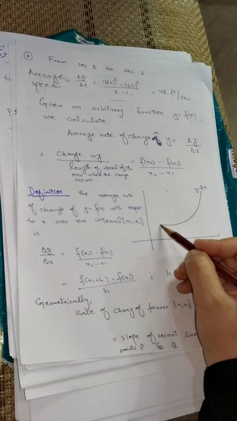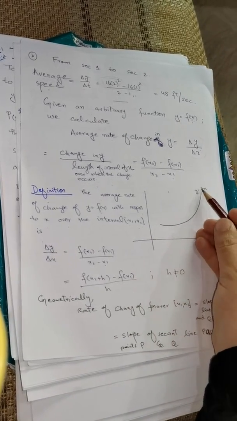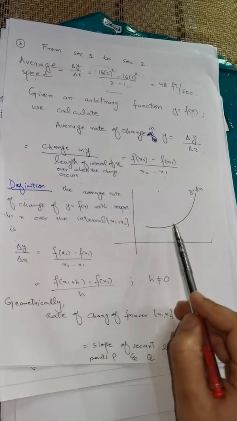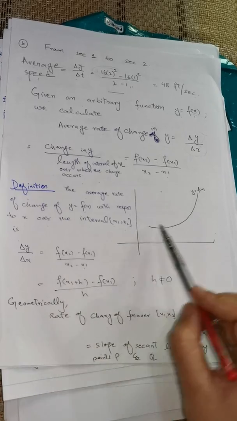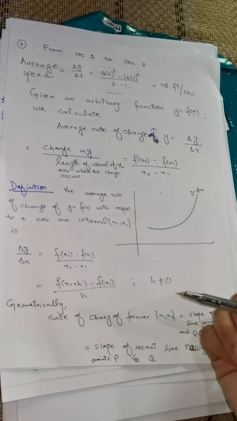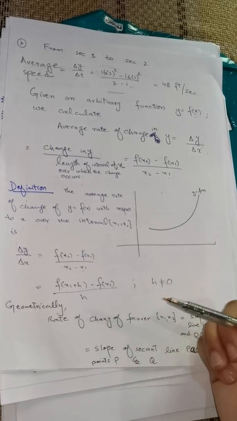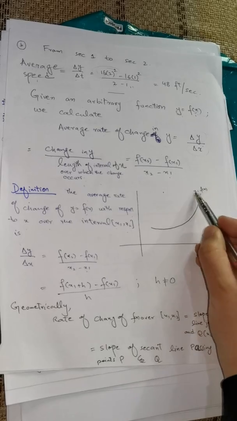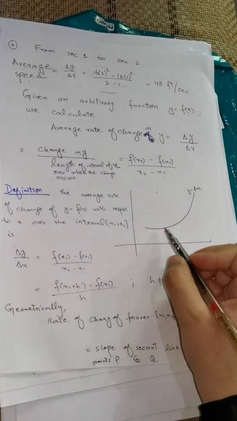Geometrically, consider any curve. This one is a curve y is equal to f of x. The same concept we are going to relate with the graphical point of view. As in calculus, we have to calculate each and everything with respect to the graphical point of view. So this one is any arbitrary curve y is equal to f of x. Choose any point.